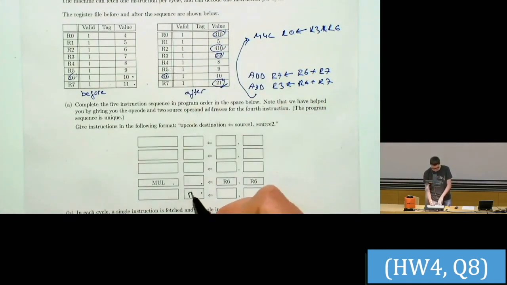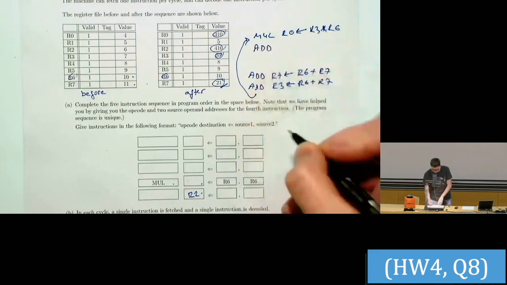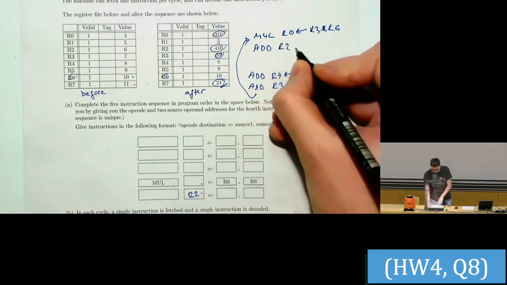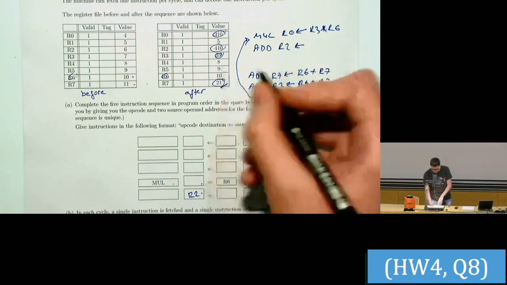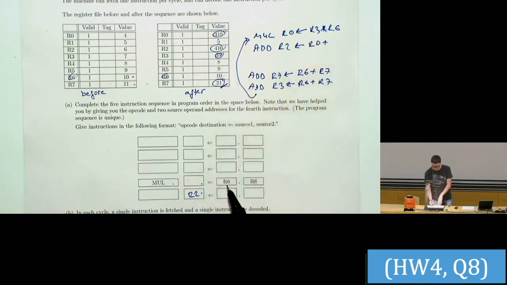So this instruction here should be modifying R2, right? So let's write it here again, and then I will fill this. So it will be updating R2, and it will do so by adding 100 to R0. So this instruction here will give us 100, right?